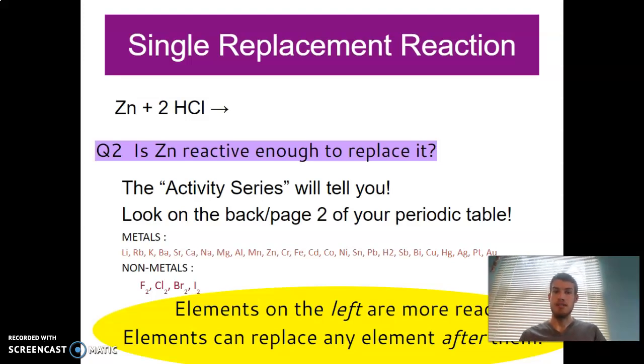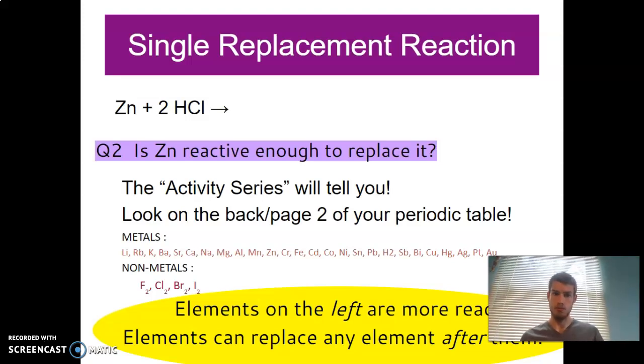What this means is that elements can replace any element after them, because in a single replacement reaction, we want the more reactive elements to replace the less reactive elements. That's the only way that the reaction is actually going to take place, is if an element is being replaced by something that's more reactive than it. If it's less reactive, then the reaction won't take place. It won't replace anything. Everything will just stay as is.